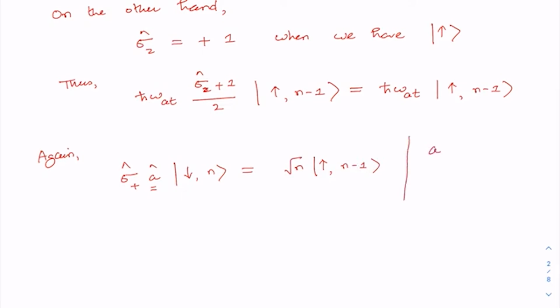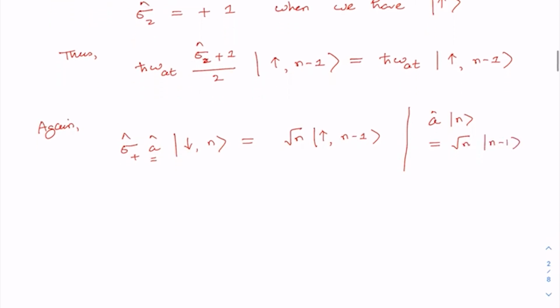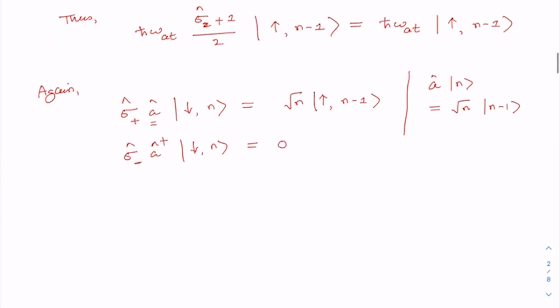Just recall that when a operates on this number ket, you get square root of n times n-1. And when σ- a† operates on this state, because the atom is already in the ground state, it cannot go lower than that, so σ-, the atomic lowering operator, cannot lower it further, and you will get simply 0 here.